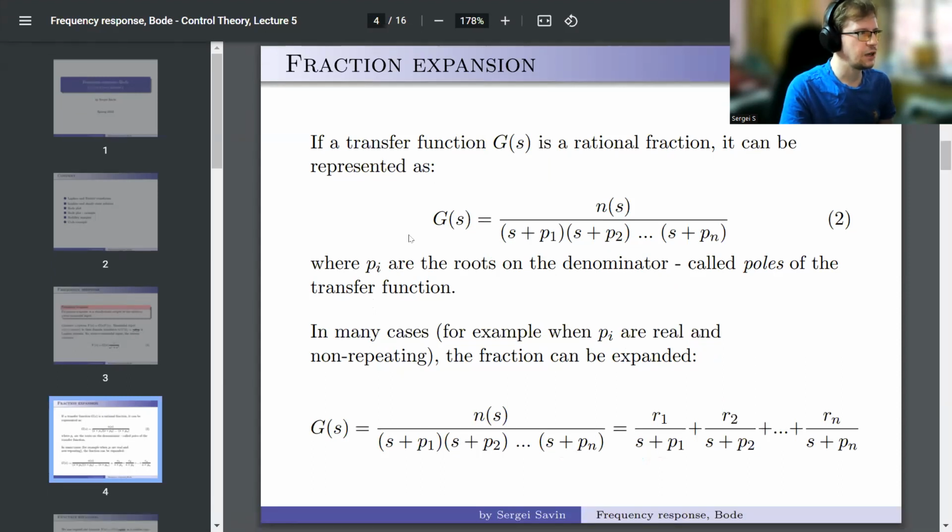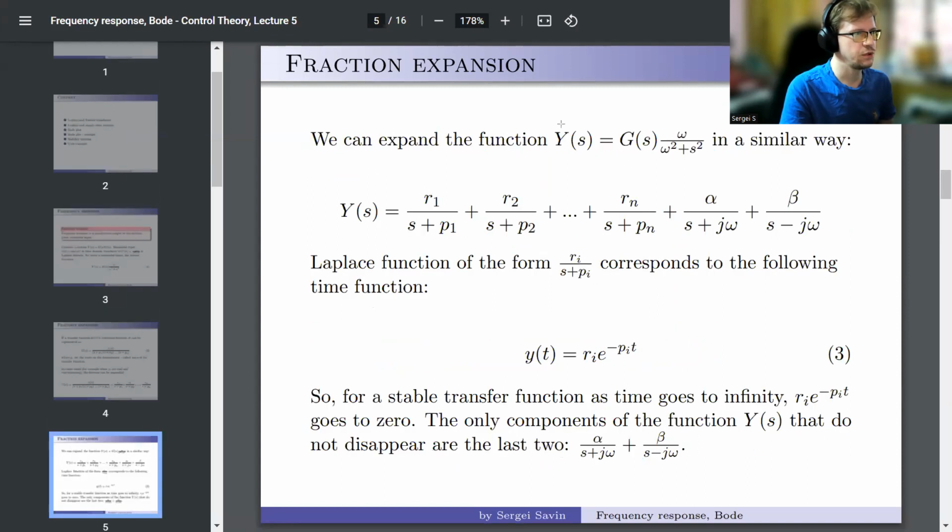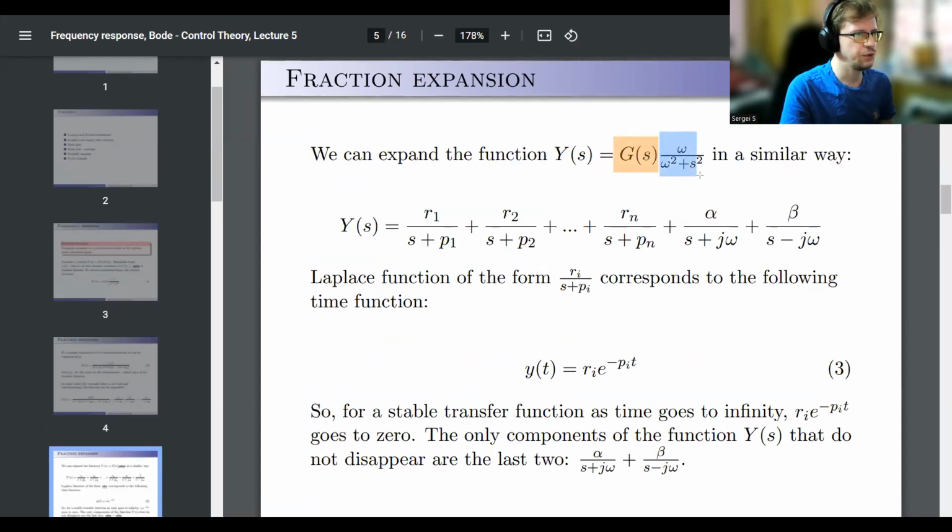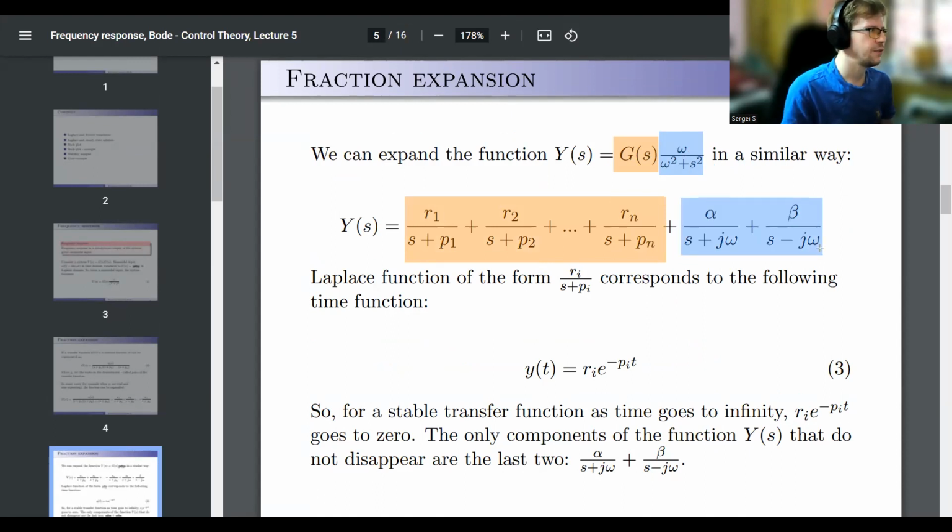Now, in our case, we have something more. We have G of s times this sinusoidal input. G of s times the sinusoidal input expands into something like this, where we have here this expansion that has to do with the poles of this transfer function.